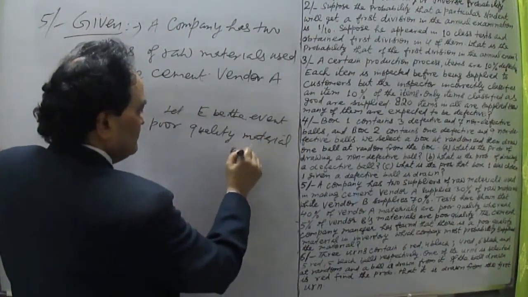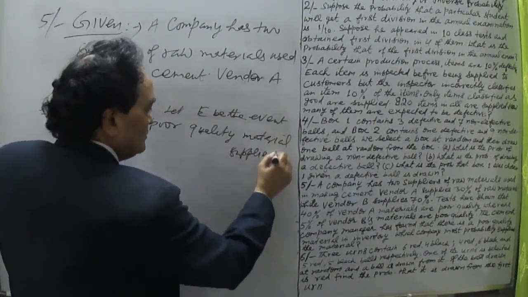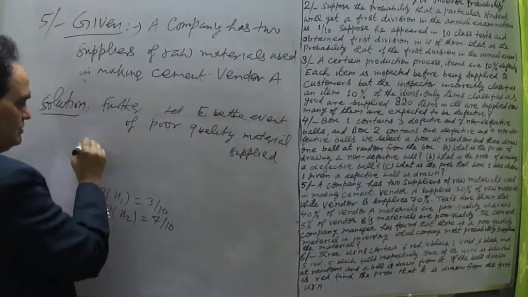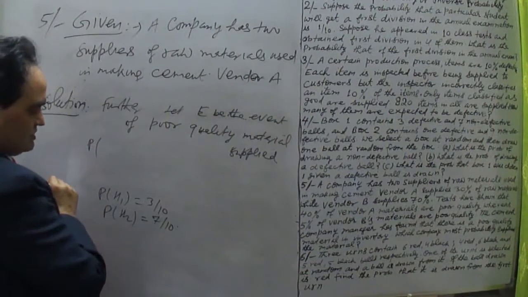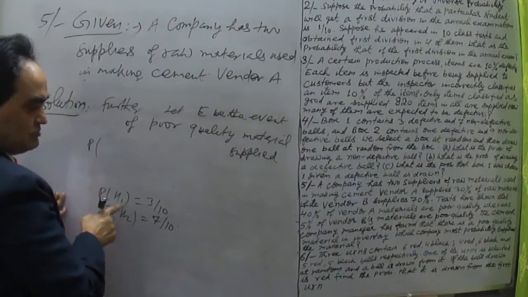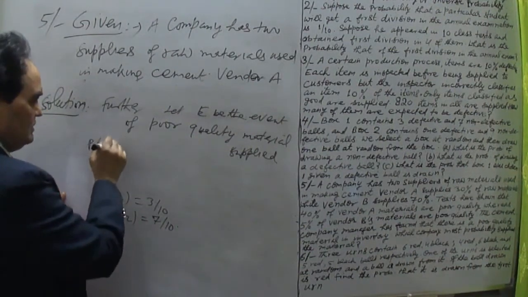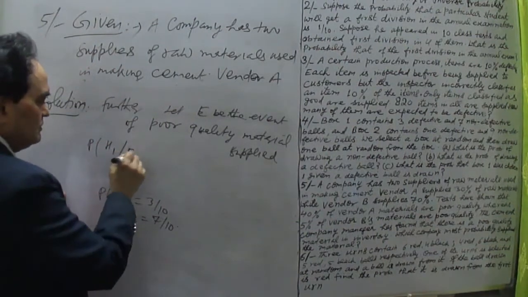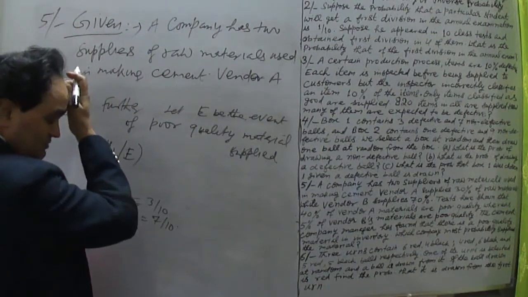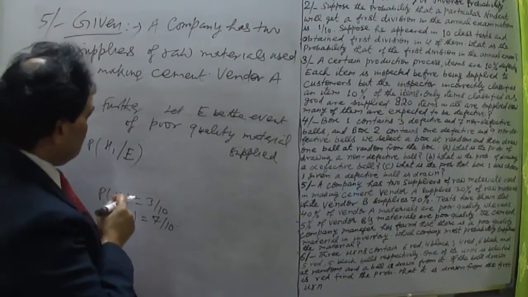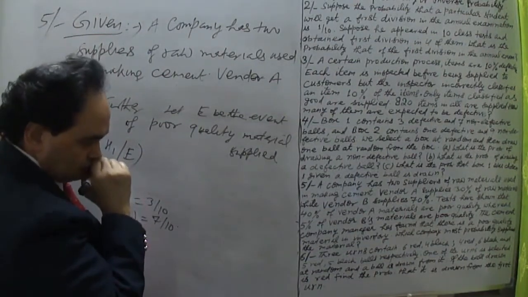supplied, right? So the probability of E by H1, this is by vendor 1. Why is this there? Because we have to find out the probability of H1 by E, right?